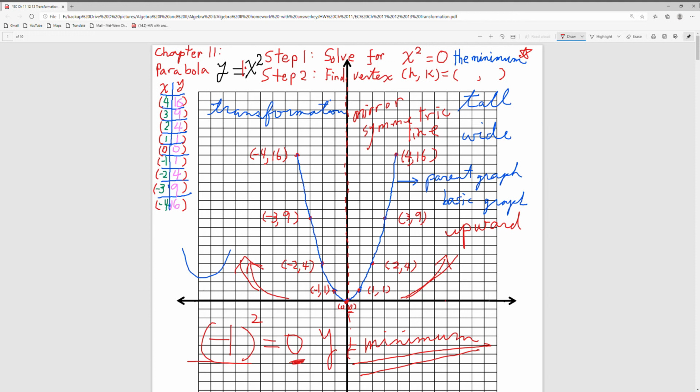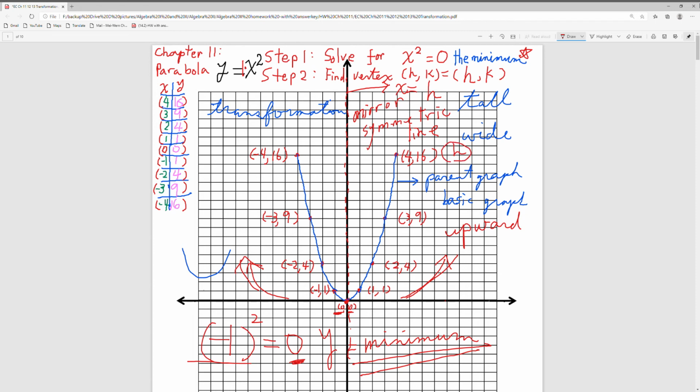The symmetrical line basically goes through x equals the vertex, so finding the (h, k) vertex is very important. The symmetrical line is x equals h. When I ask you to write down the equation of the symmetrical line, don't tell me h, because h is a number, not a line.